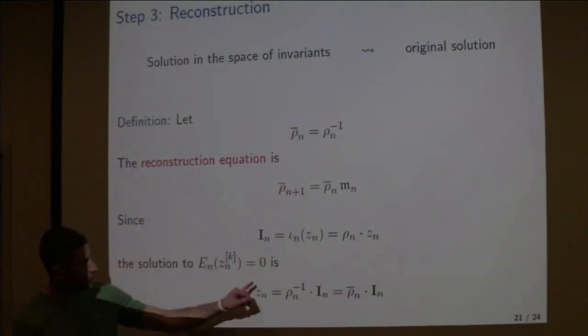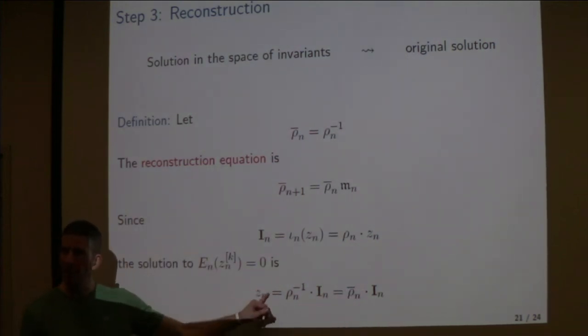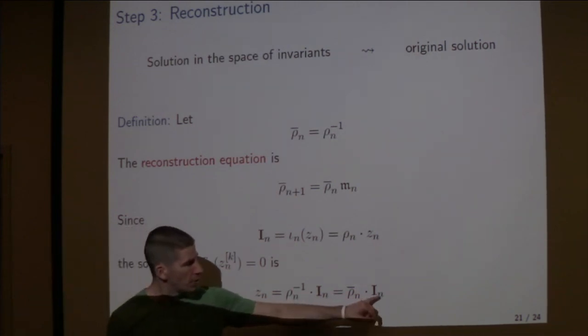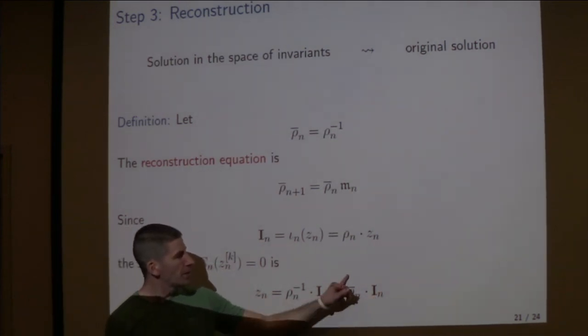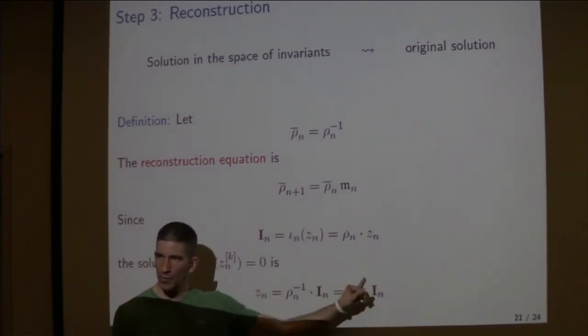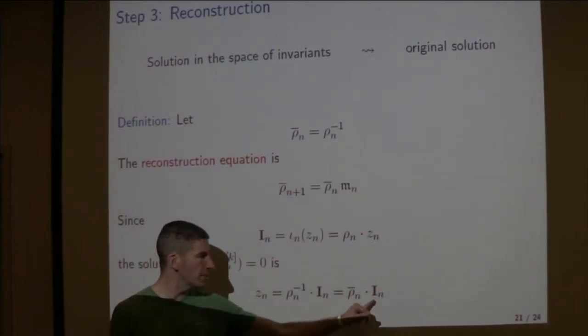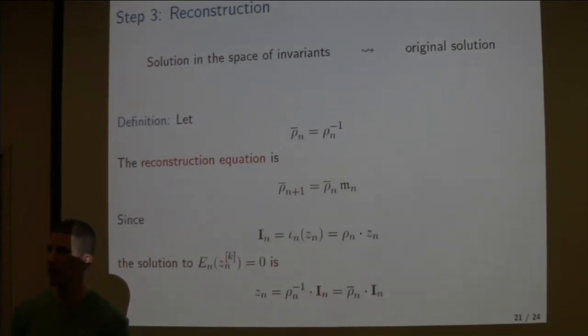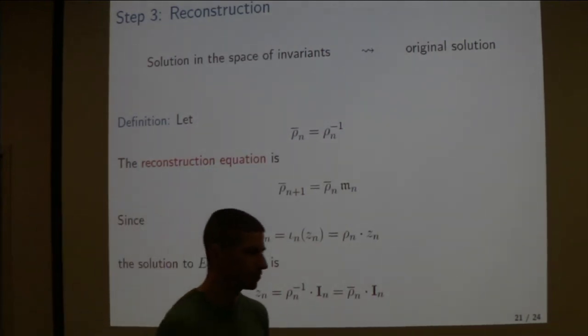And the solution we're trying to find is Zn. So if now we know In, if we can solve the reconstruction equation, we'll know what rho n bar is. We compute this group action, and then we recover the solution.